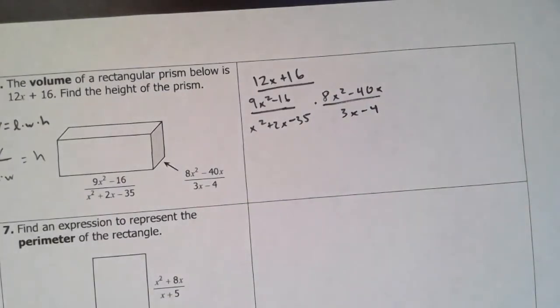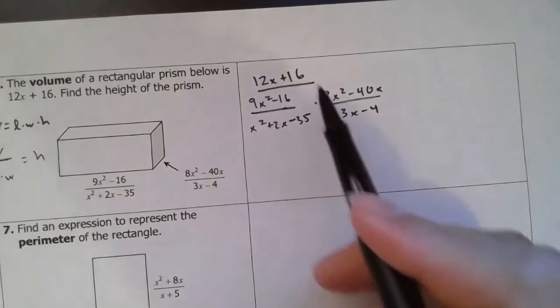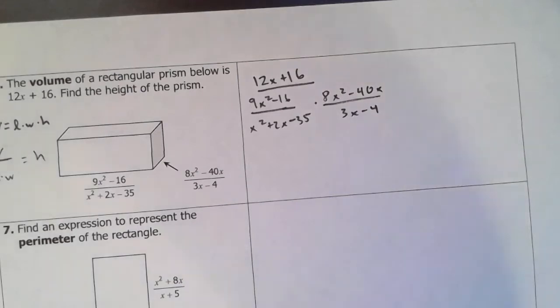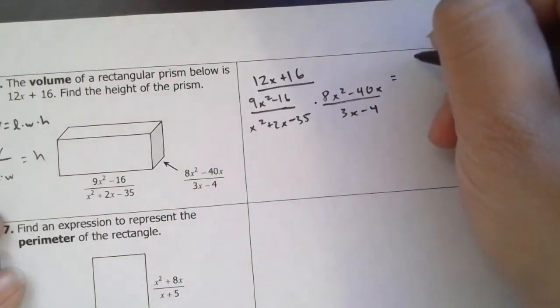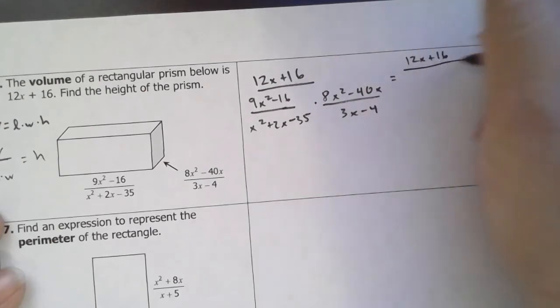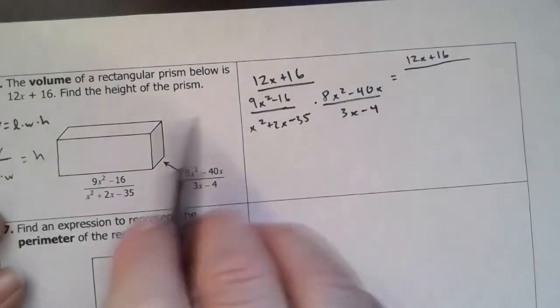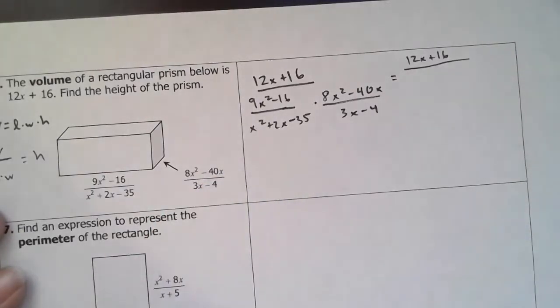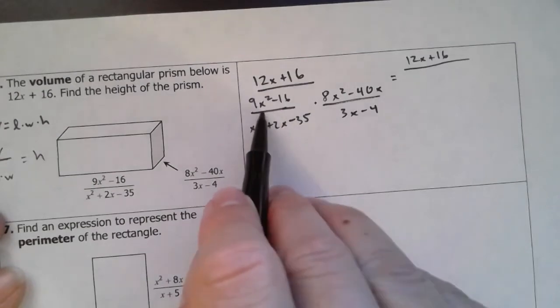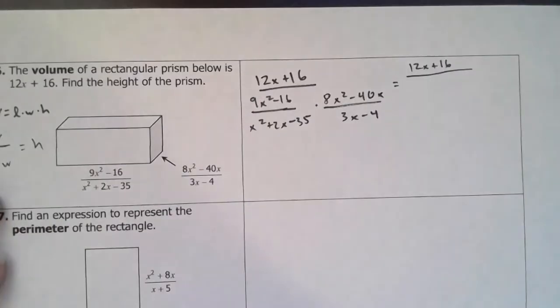Alright, let's work on simplifying the two fractions I have in my denominator first. 12x plus 16, leave that guy alone for now. Here I can't factor out anything, but it is a difference of squares. 9x squared minus 16, right?